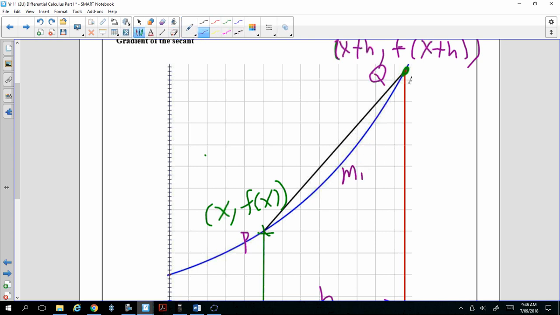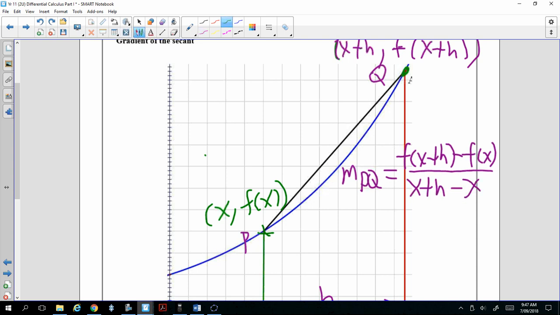And what happened to the denominator? The x gets cancelled. Over h. So you got that gradient. That's the gradient of the secant.